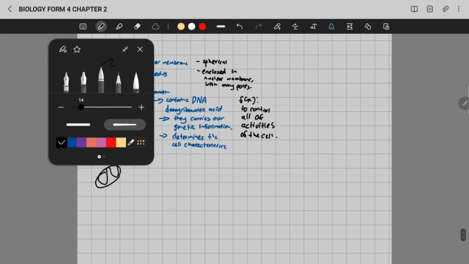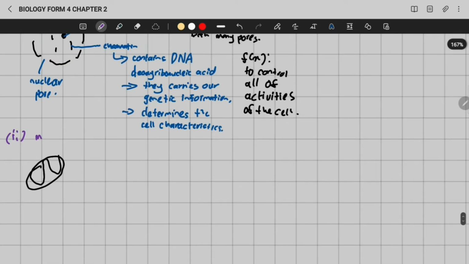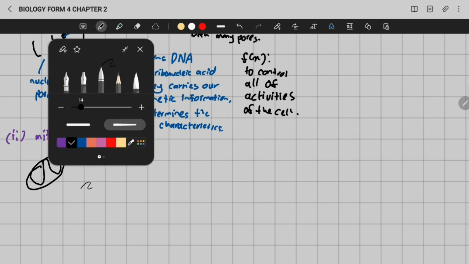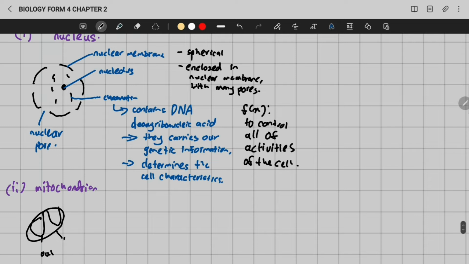I said before, you should know that some of the cell components have two layers of membrane. So we have the inner membrane and the outer membrane, which this is the inner membrane and the outer.